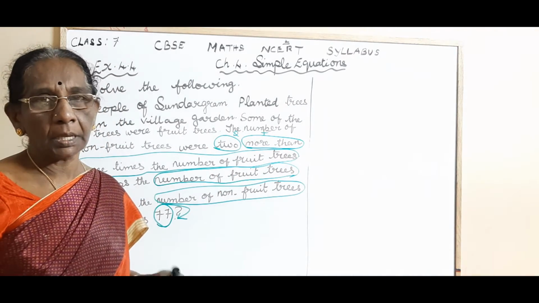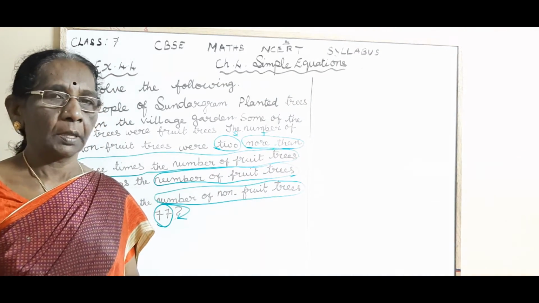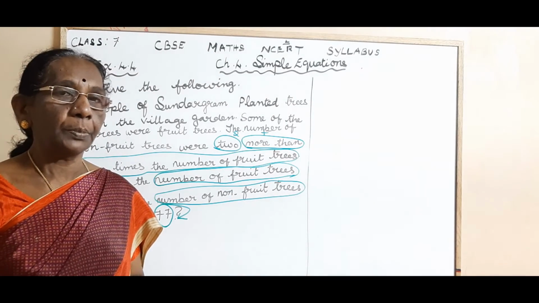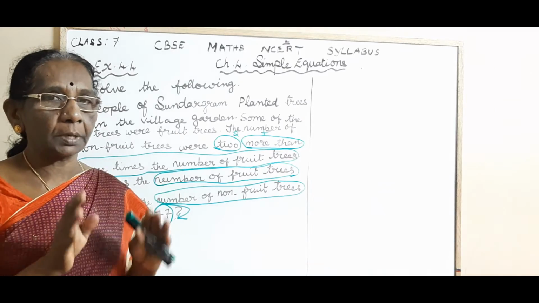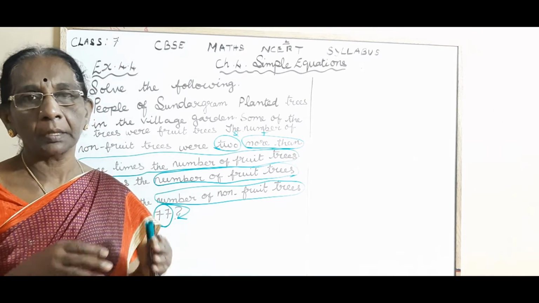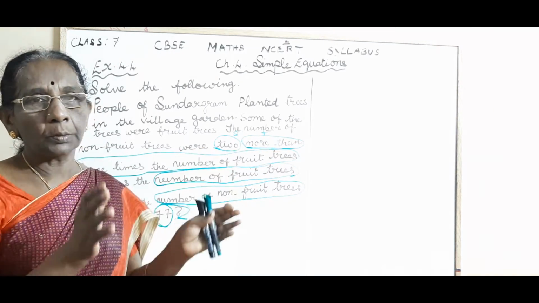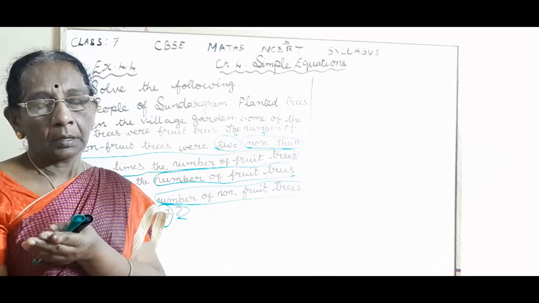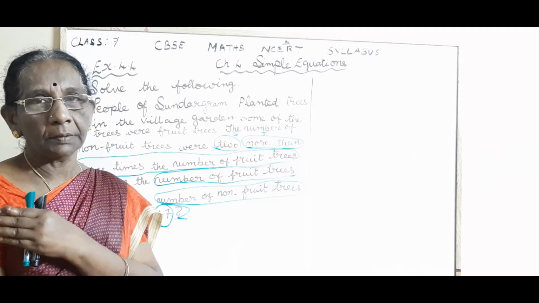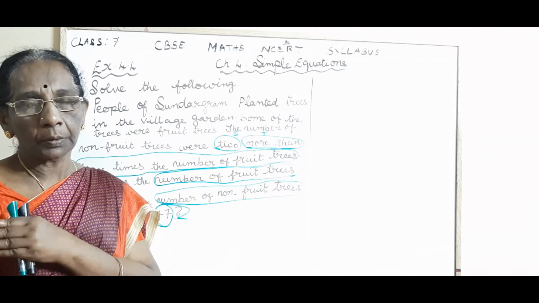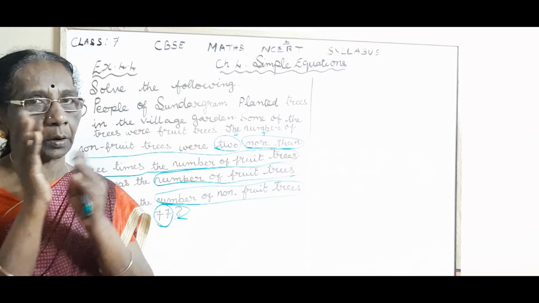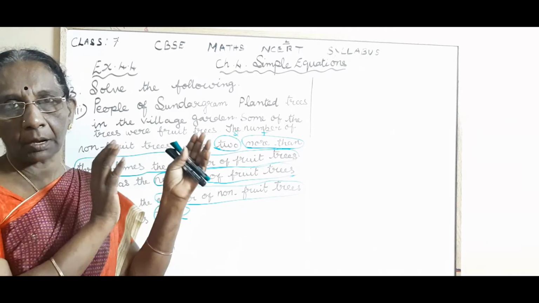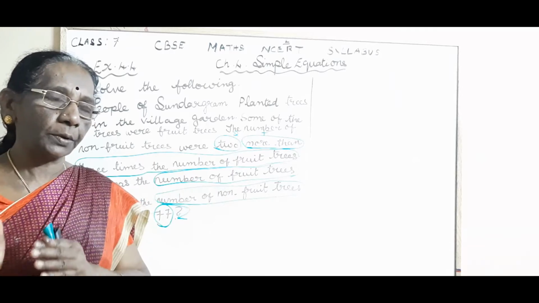The meaning of the question is, in the village of Sundarban, the people planted 2 types of trees in their village garden. What are the 2 types? One type gives fruit, the other does not. That is called fruit trees and non-fruit trees.